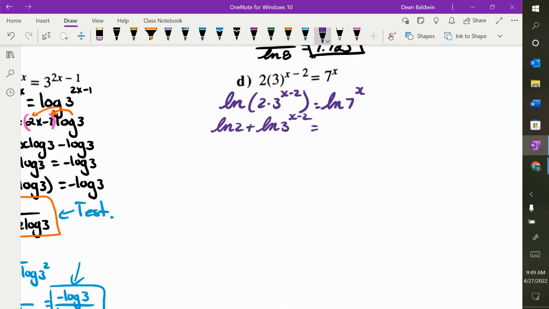I can drop this x over here because there's only a 7 there, so I can just write x natural log of 7. And now I can drop the x minus 2 because we have the argument isolated. It's only one argument in there. So I get natural log of 2 plus x minus 2, please bracket it, times natural log of 3 is equal to x natural log of 7.